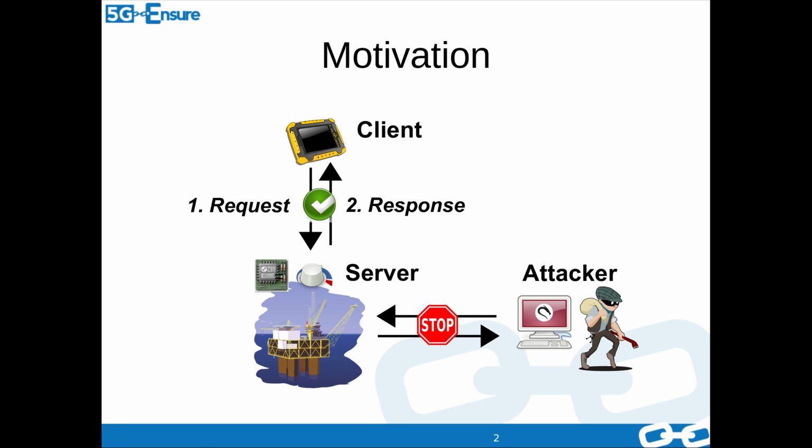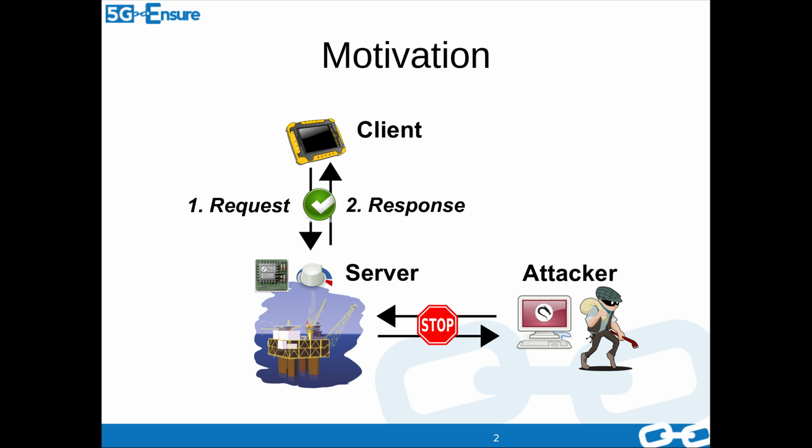The motivation or the problem we want to solve is a constrained server that provides some service, for example a valve that is regulated. We have a client that wants to connect to this server and make a request, for example set a new setting or read the current setting, and then get a response.